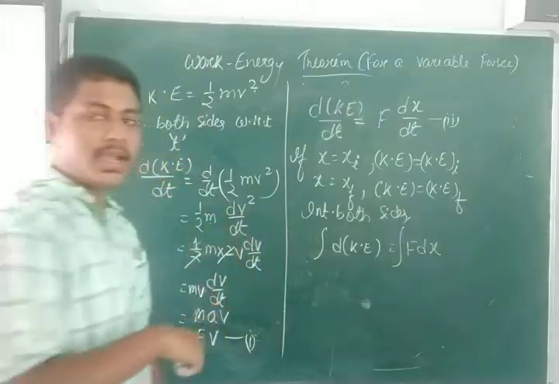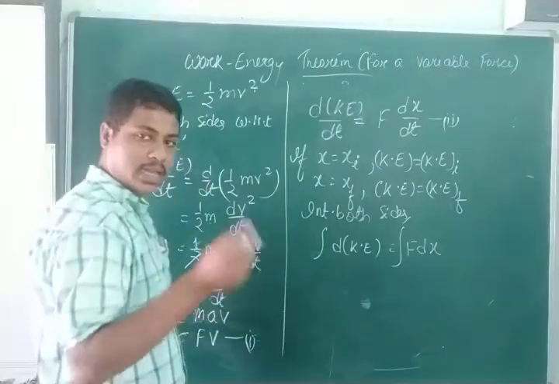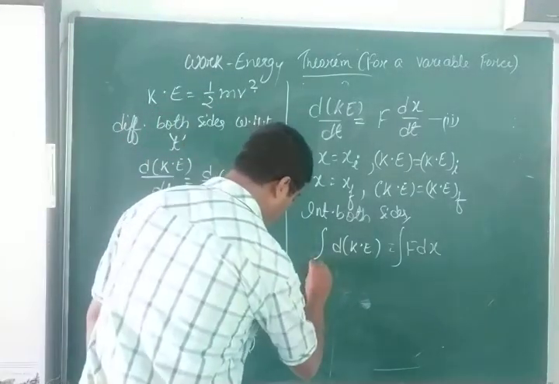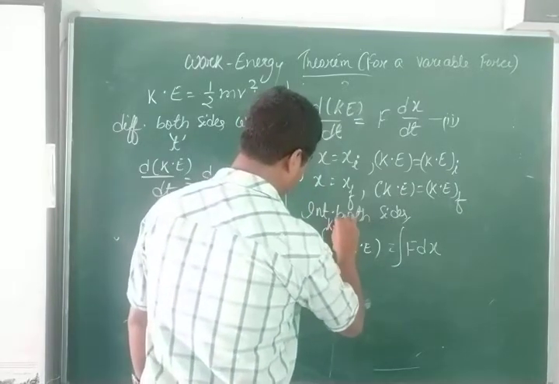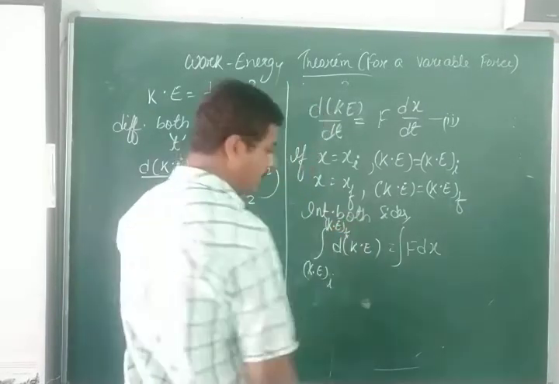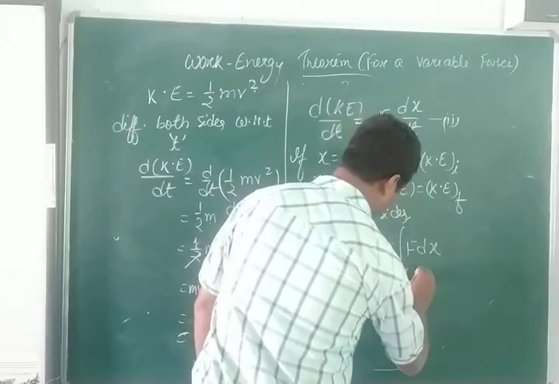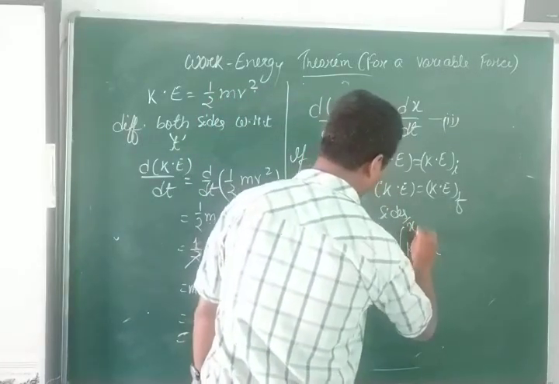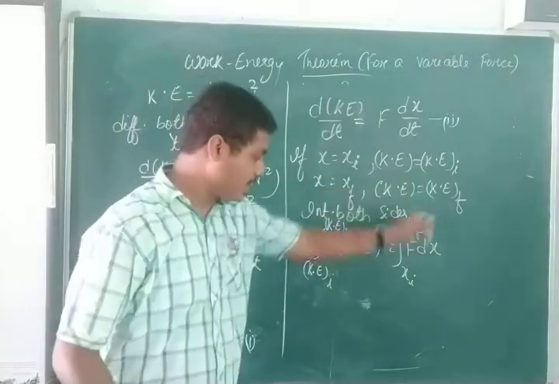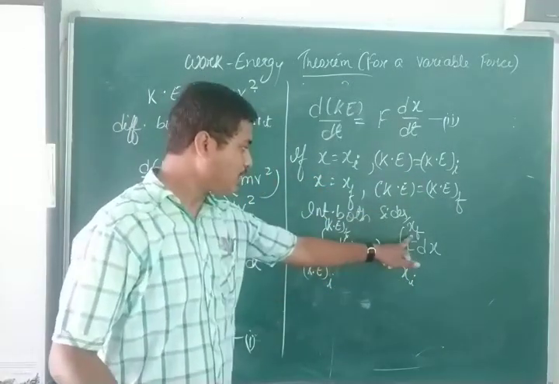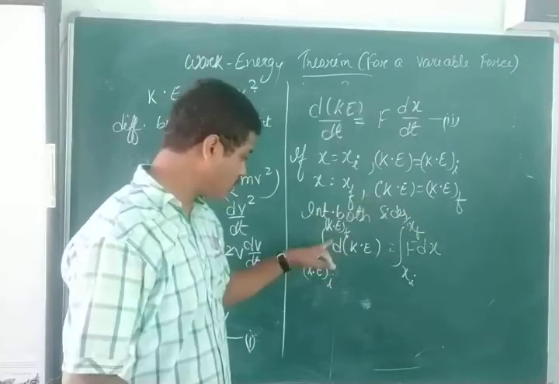Then in the integration you have to put the limits, initial and final. For this it will be kinetic energy initial to kinetic energy final, and initial displacement to final displacement, as I have used here. For xi we have the initial kinetic energy, and for xf we have the final kinetic energy, so I have written it above.